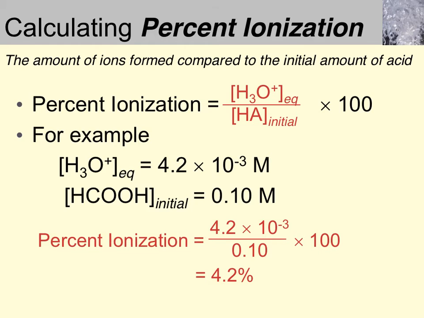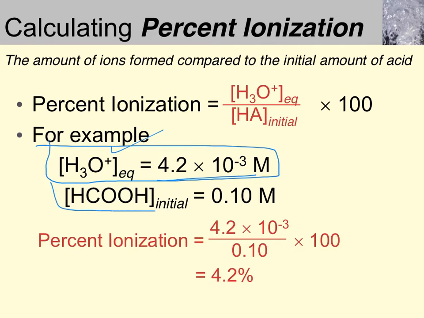Here's an example. Let's say that we have a weak acid, and at equilibrium it produces this much of the hydronium ion, 4.2 times 10 to the minus 3 molar. And let's say that our original concentration of formic acid is 0.10 molar.